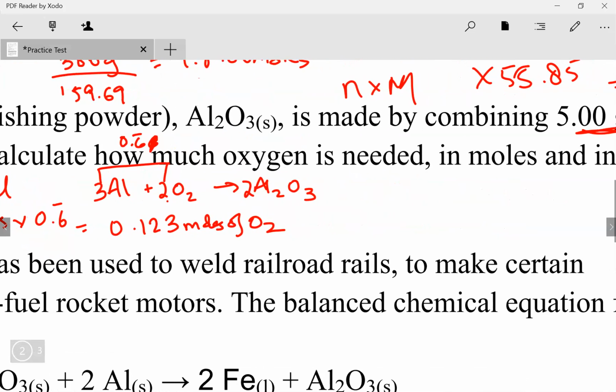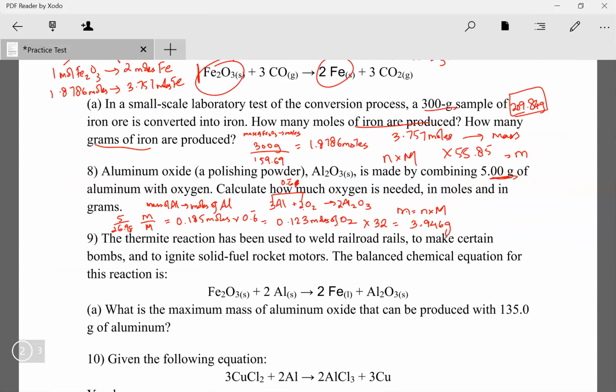Now to convert that to grams, I have my moles of oxygen. I'm going to do mass equals number of moles times molar mass. So I have to multiply this by 32 because oxygen is 32 grams per mole, O2, 16 times 2. If I multiply that by 32, I get 3.946 grams of oxygen. So that's how much oxygen is needed.